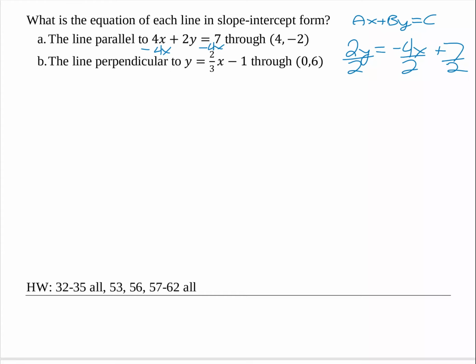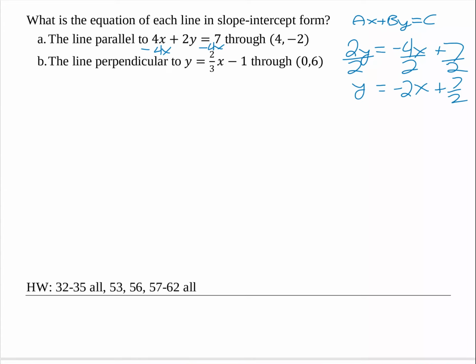Okay? Now the y-intercept we don't really care about. It's the slope that we care about. So this is just y equals -2x, and this over here is 7/2, but that y-intercept doesn't matter. All we care about is the slope. So what is our slope? -2. So what is the slope of the line that we're going to write going to be?